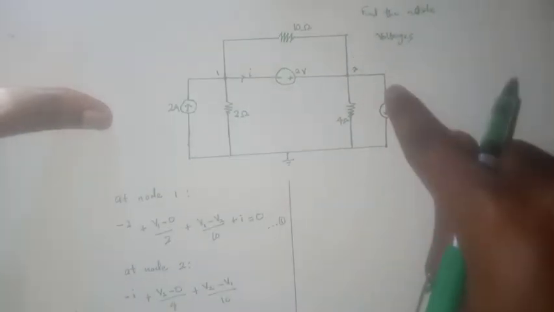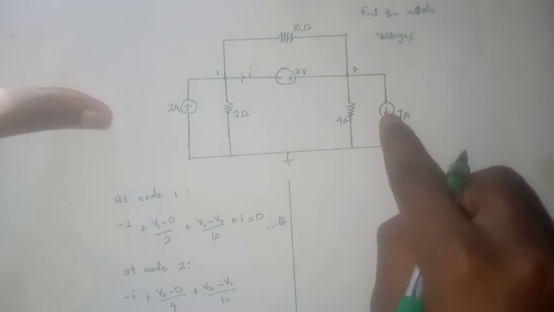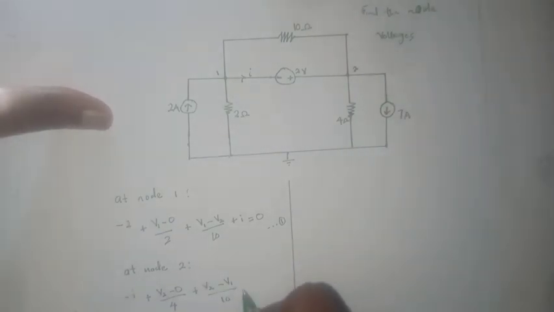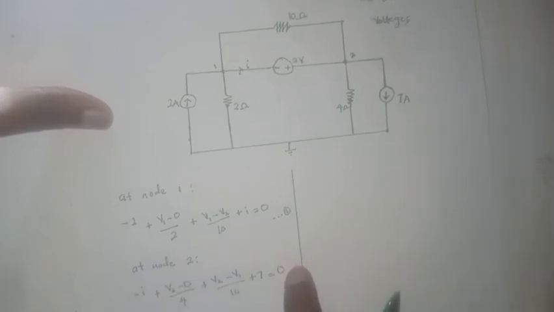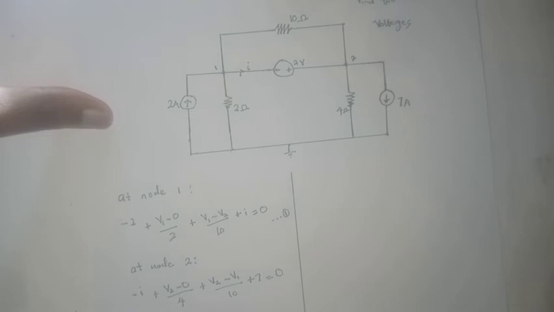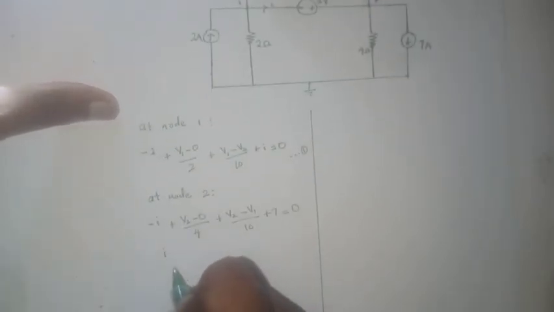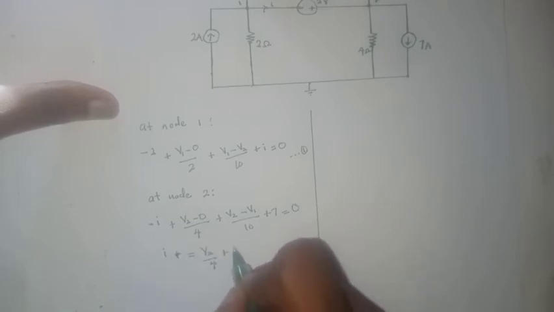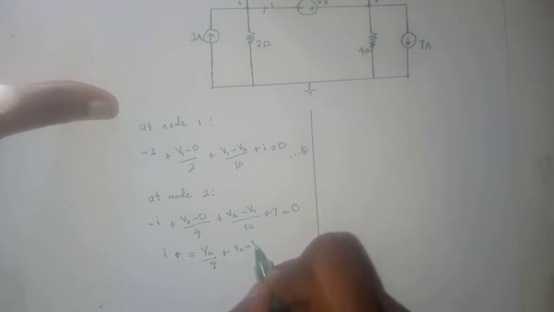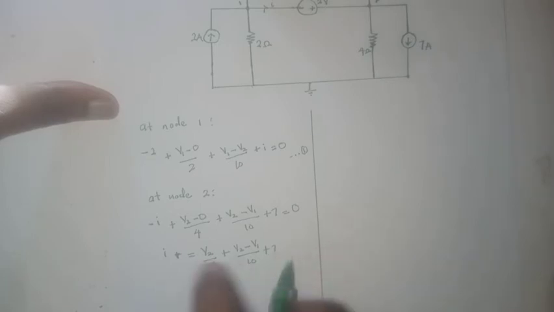Then we also have the current flowing out, so that would be plus 7, because it's going outward, which equals 0. So we can move this over to this side and say that I equals V2 over 4 plus (V2 minus V1) over 10 plus 7.